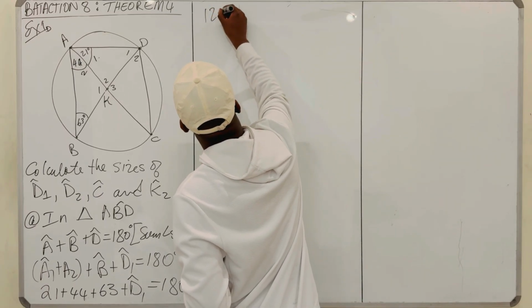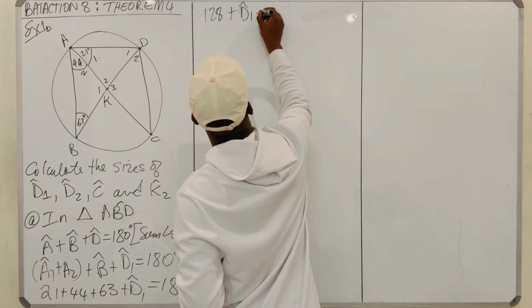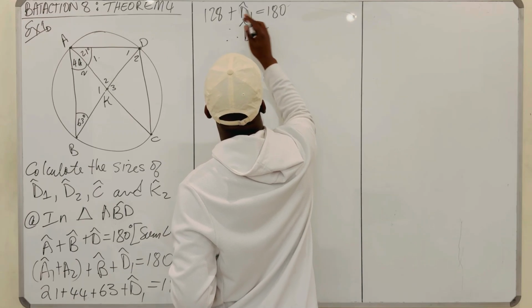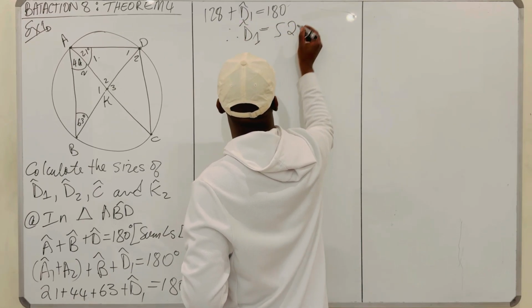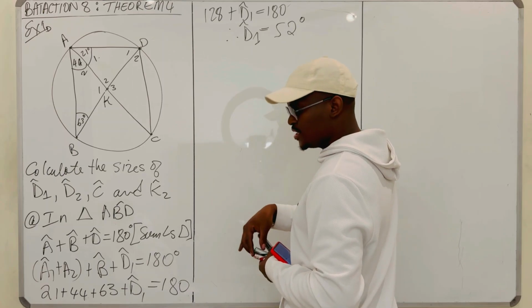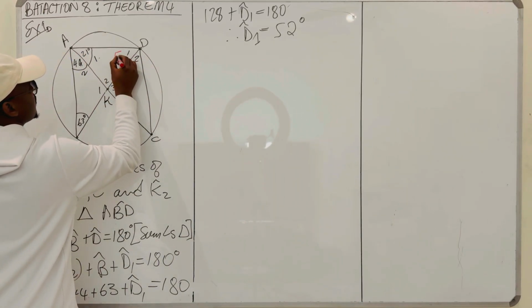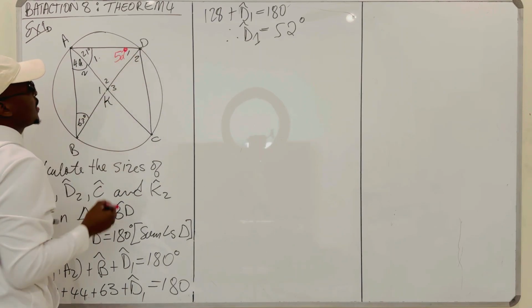So 128 plus D1 equals 180 degrees. Therefore, D1 is 180 minus 128, which is 52 degrees. Let's put that angle D1 over there, 52 degrees. Everyone happy?